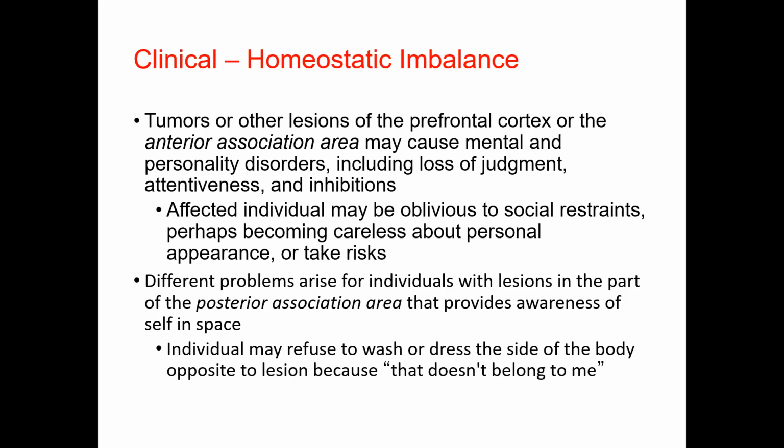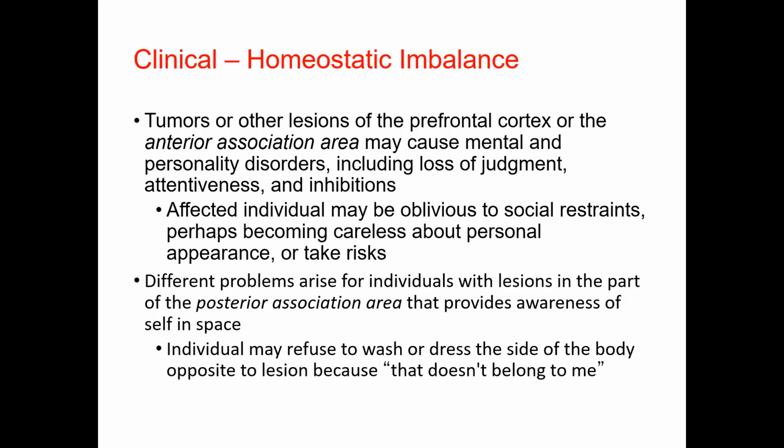In the posterior association area, it's a different thing. In the anterior association area, where we have our sense of right and wrong, our justice, our fairness, our conscience level, things like that, we lose our judgment, we lose our inhibitions.